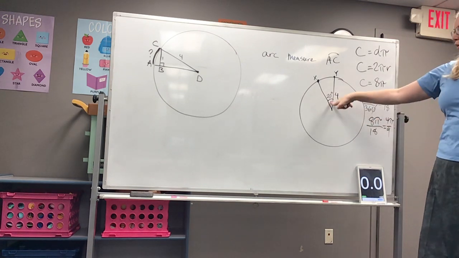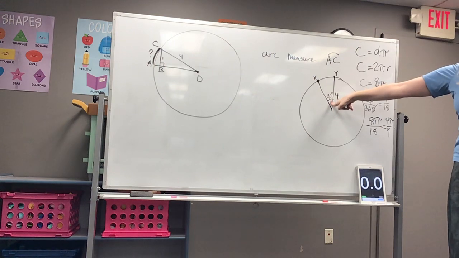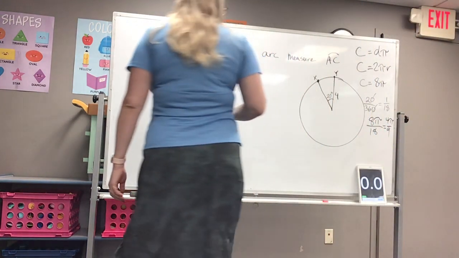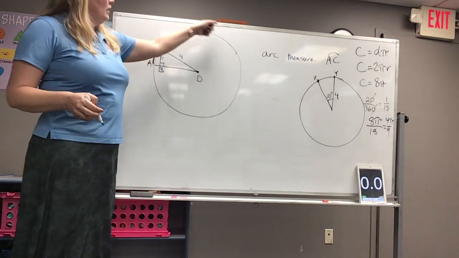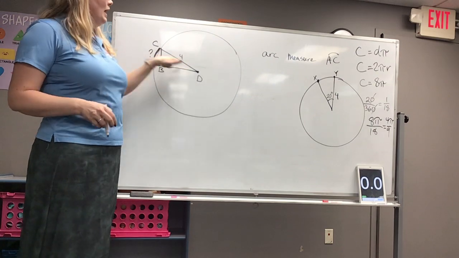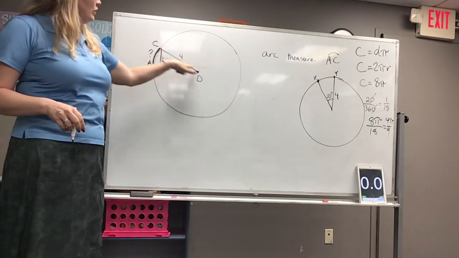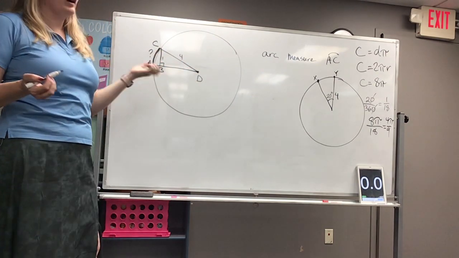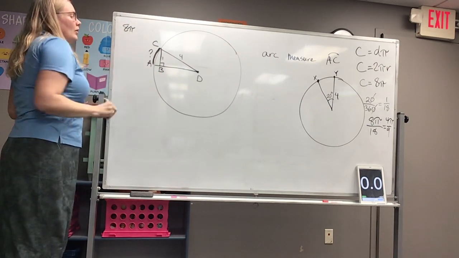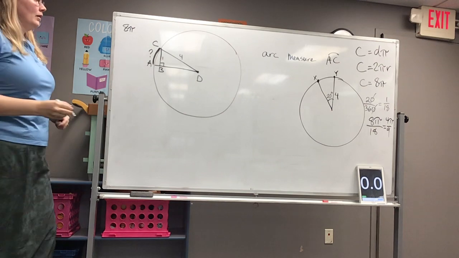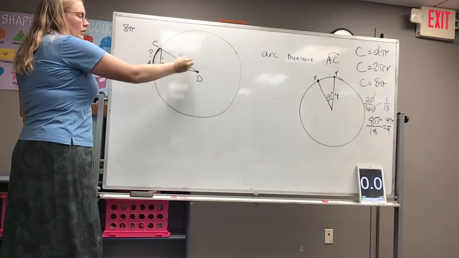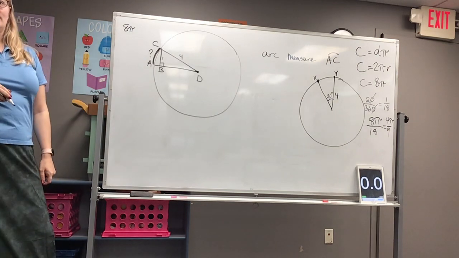So on this problem, we've added one more wrinkle. We don't know what this angle is. We just know my circumference is still going to be 8 pi, because my diameter would still be 8 and my radius is still 4. So I'm going to have the 8 pi, but I'm multiplying by this angle over 360.